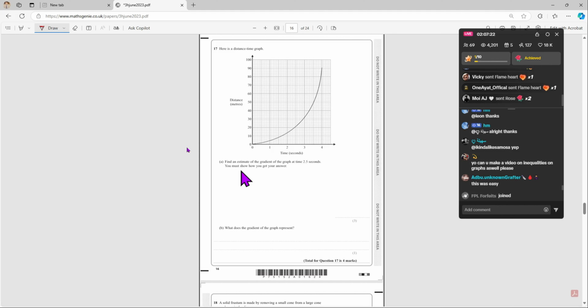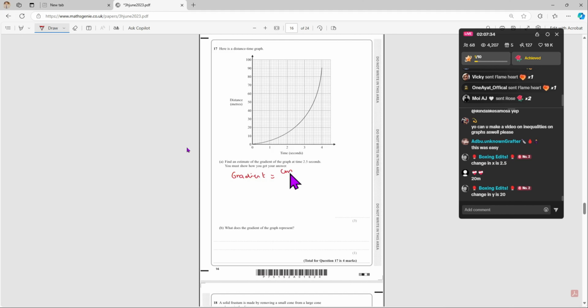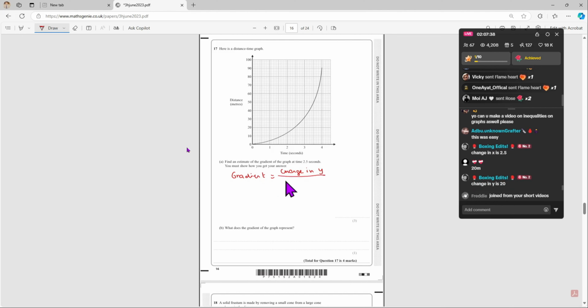So first of all, to work out the gradient, you need to know the formula, okay? To work out the gradient is change in y divided by the change in x.